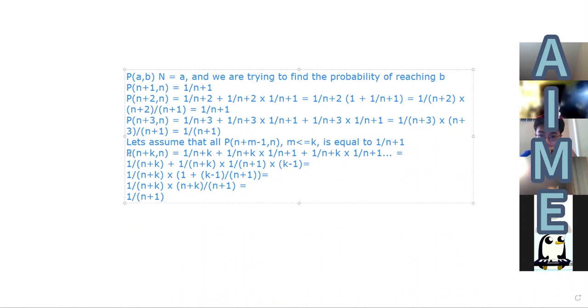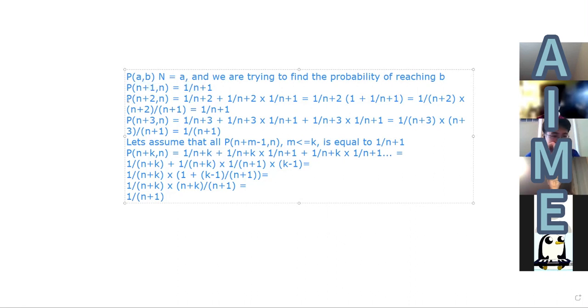We proved that the probability of going from n plus k to n is equal to 1 over n plus 1. And we see that we made an assumption earlier: let's assume that for all p n plus m minus 1 all the way to n, m is smaller or equal to k and is equal to 1 over n plus 1. So if we start from the base case, n plus 1, we can see this is evidently true.